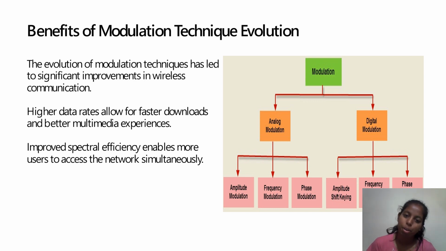Before 5G, downloading any media was loading and taking much time. Now in 5G, there are faster downloads and a better multimedia experience. Even in 5G we have clear clarity in the image, video, or audio, better compared to 3G and 4G.